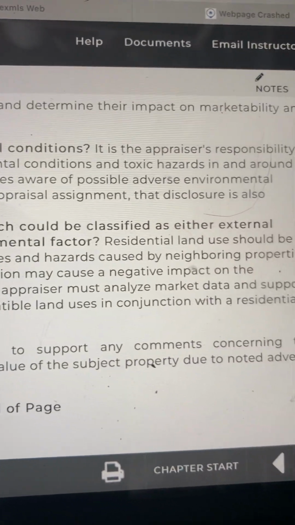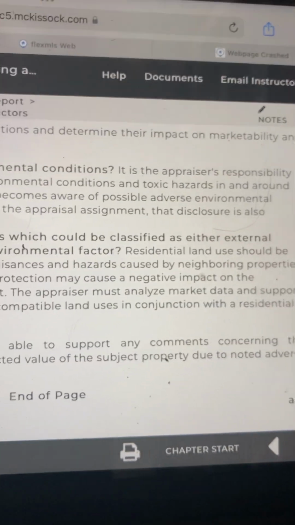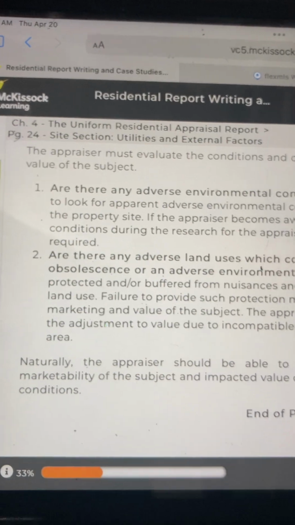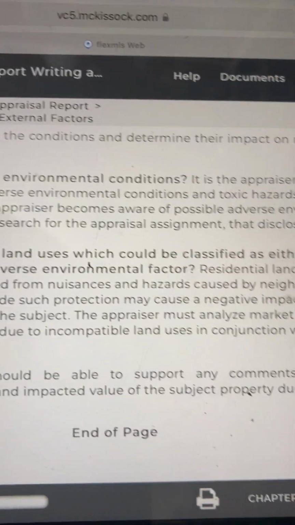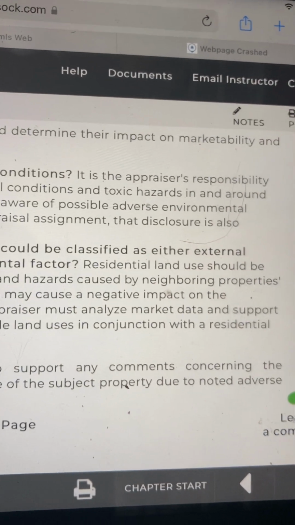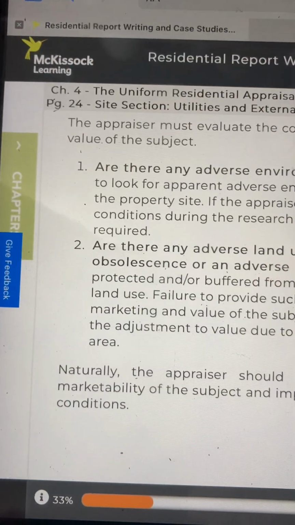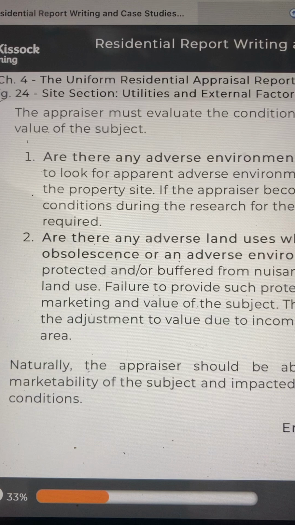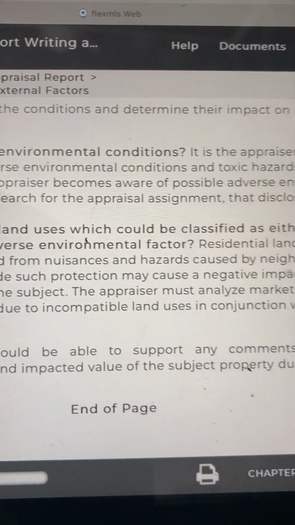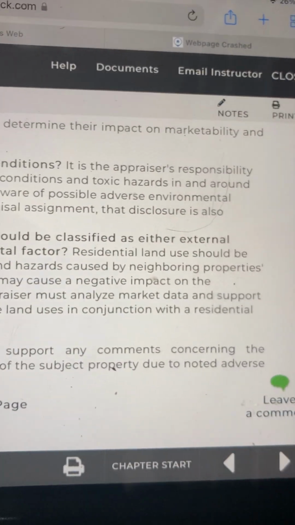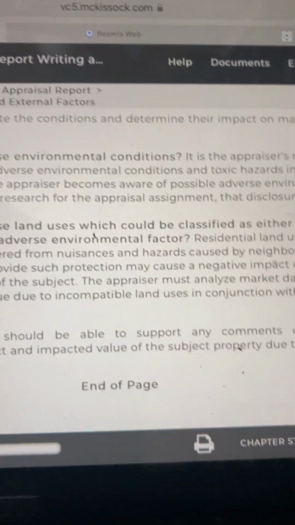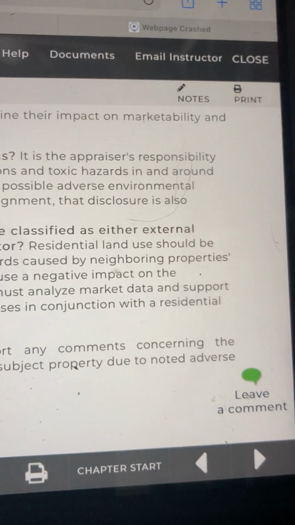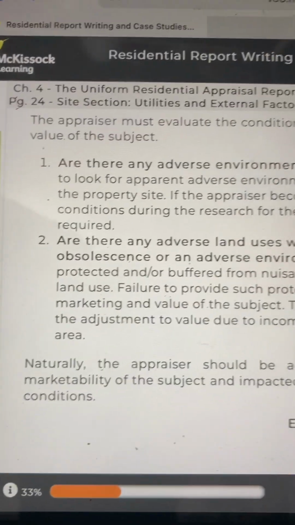The appraiser must analyze market data and support the adjustment to value due to incompatible land uses in conjunction with a residential area. Naturally, the appraiser should be able to support any comments concerning the marketability of the subject and impacted value of the subject property due to noted adverse conditions.